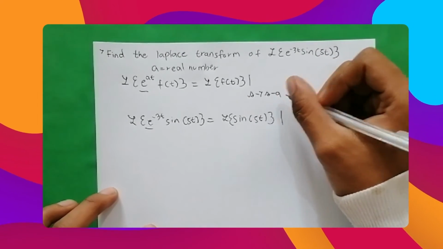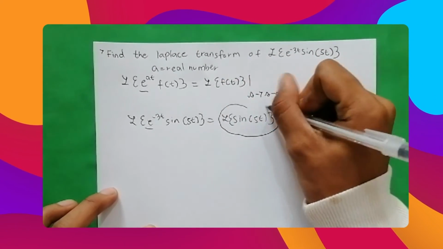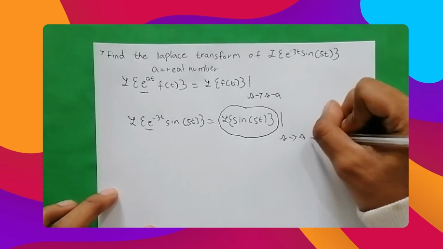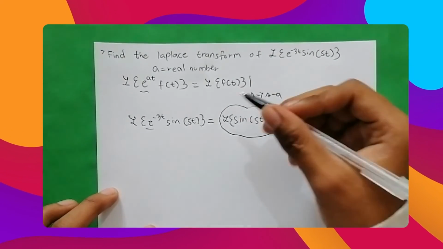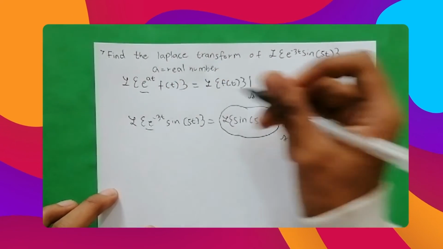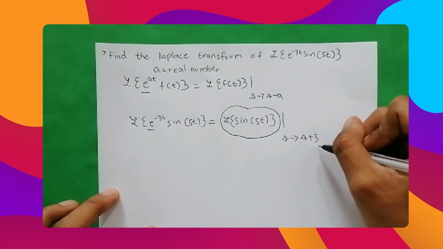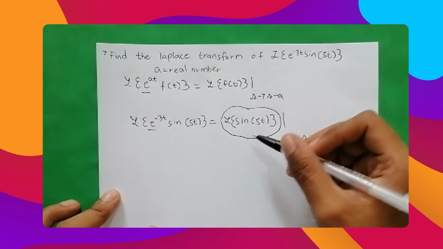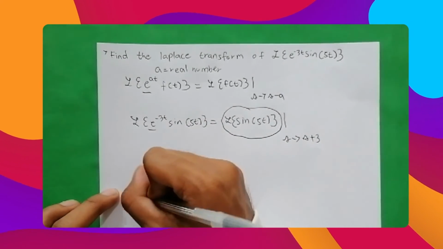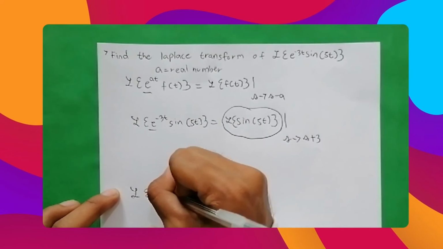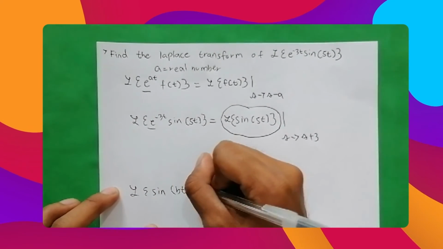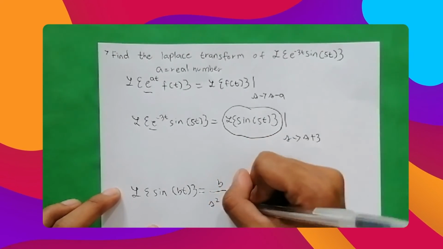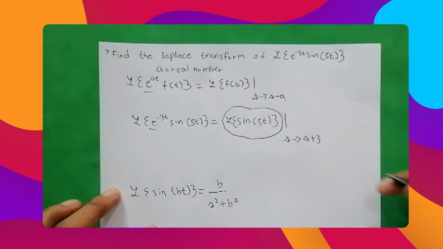So the shift is on the outside because this is a function of s. So the s becomes s plus 3. So the a here is negative 3, so we'll get s plus 3 because s minus negative 3 is s plus 3. And sine 5t, it's like sine bt. So the Laplace of sine bt is equal to b over s squared plus b squared.